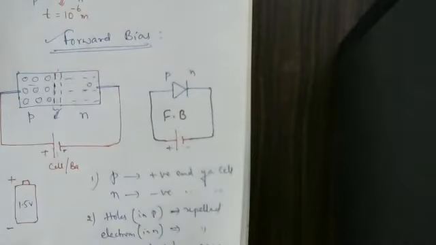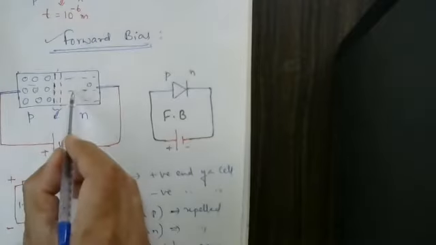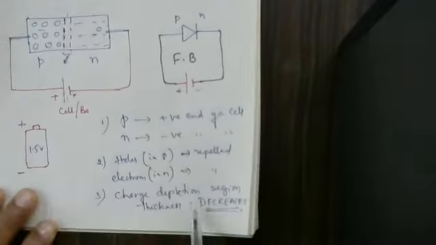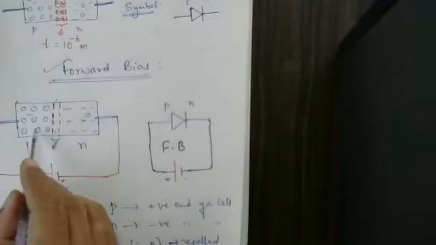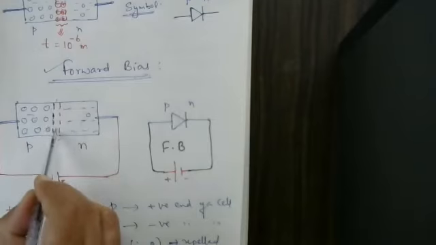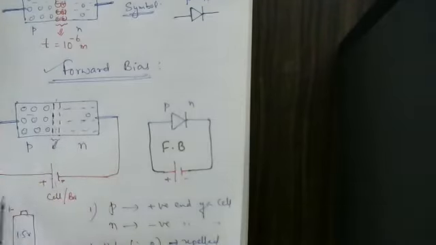If you apply 0.1 volt here, no current. But the junction's charge depletion region thickness decreases. Still, electrons are not passing here. 0.2 volts, 0.3, 0.4, 0.5, 0.6 volts: no electrons are crossing here. The current is equal to 0.